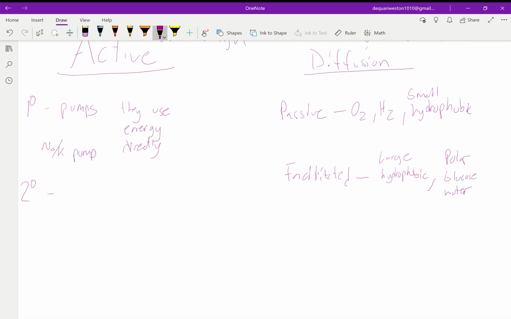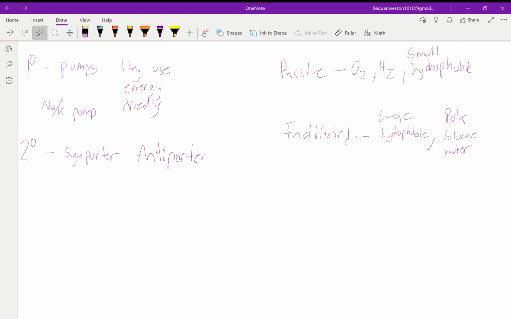Secondary, you have symporter and antiporter. What both of these do is they use the energy from an existing concentration gradient that happens spontaneously, and there's a little bit of excess energy that happens with that spontaneous reaction, and it creates enough energy to bring one thing with it.